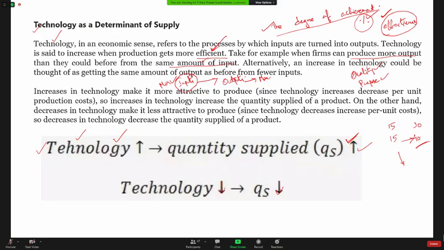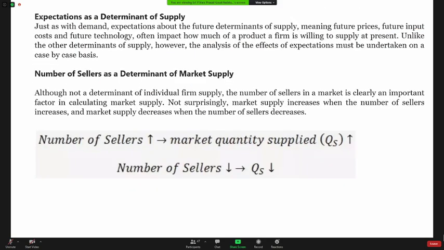Next, expectations. You just try to restrict it only to an individual seller, an individual firm in general. Sometimes sellers stock their goods illegally.